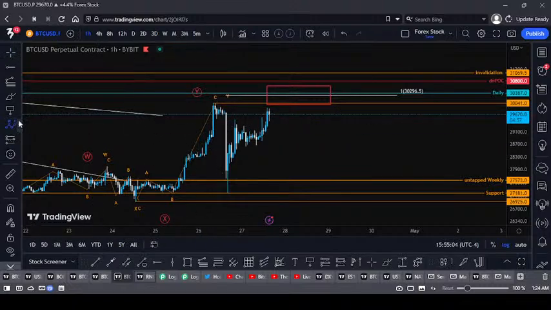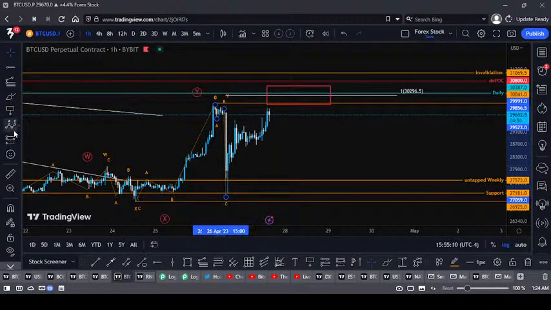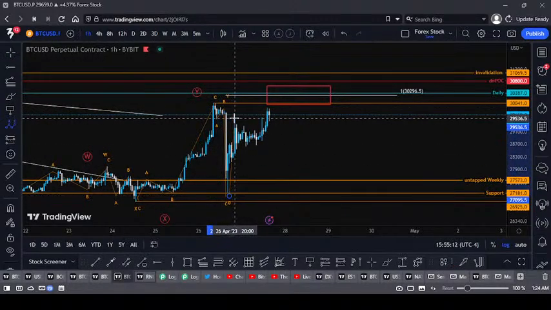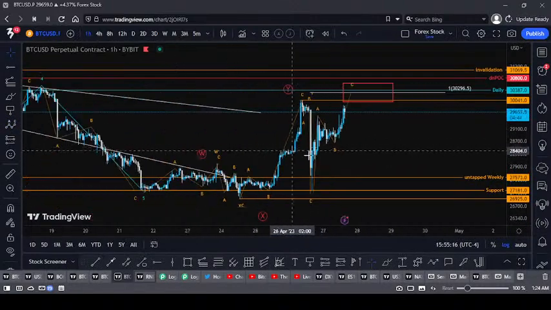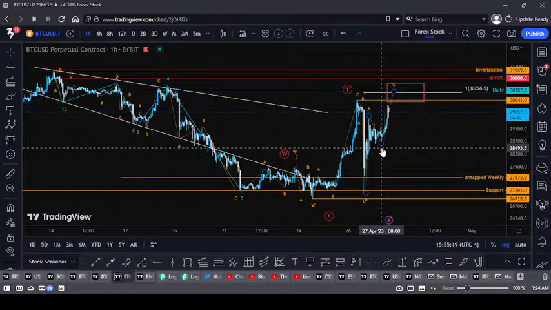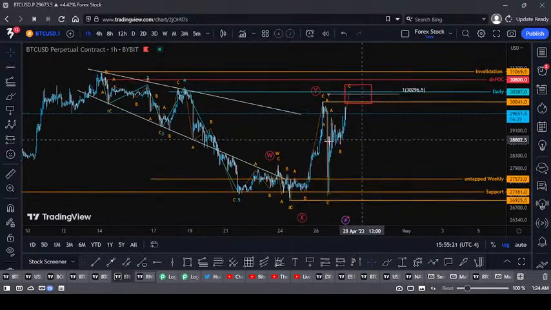That is a three-wave structure A, B, C. Okay, A, B, and C. So it is kind of a double correction, you can say, for the wave B.